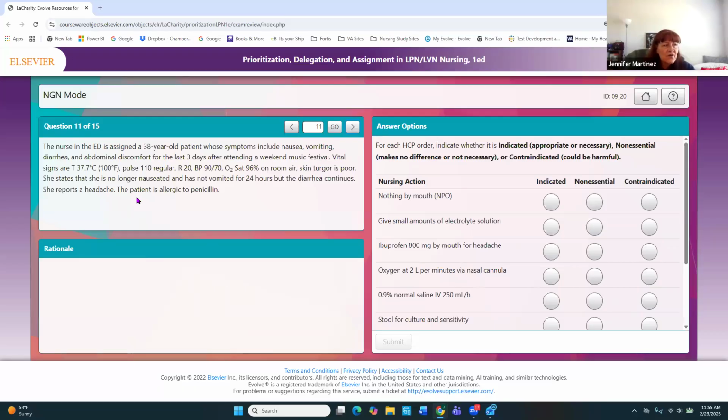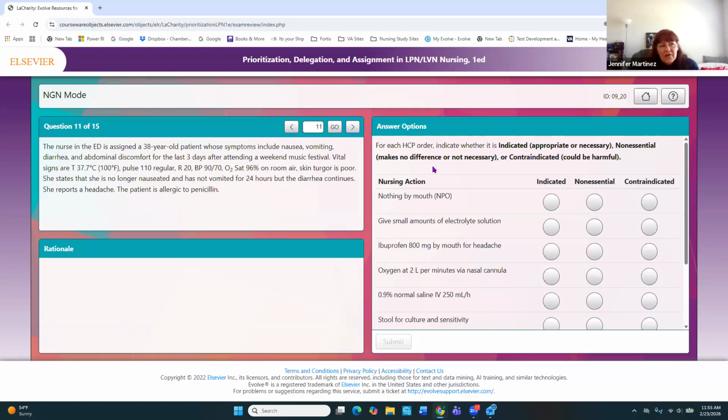She states that she is no longer nauseated and has not vomited for 24 hours, but the diarrhea continues. She reports a headache and she is allergic to penicillin.